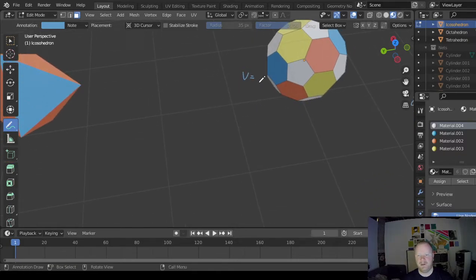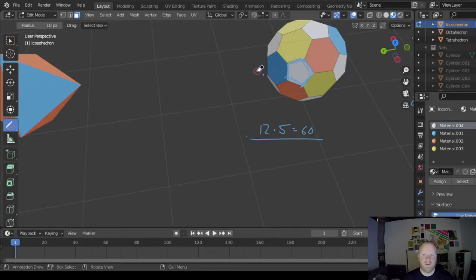So for this one, it was 12 originally, but now each of those 12 vertices is turning into 5 vertices for that pentagon. So the new number of vertices is going to be 12 times 5, which is 60. Okay.